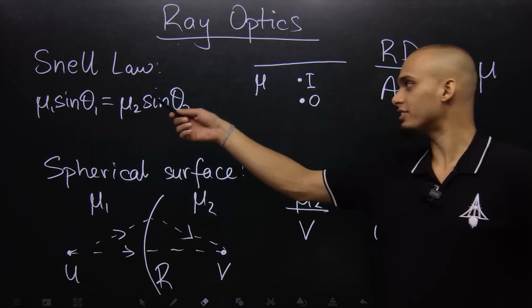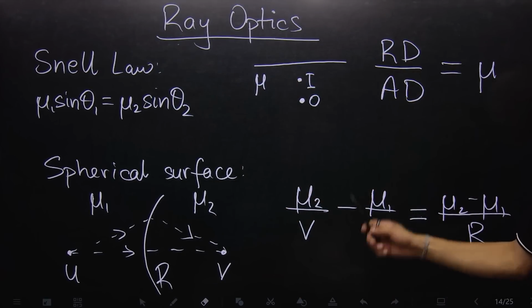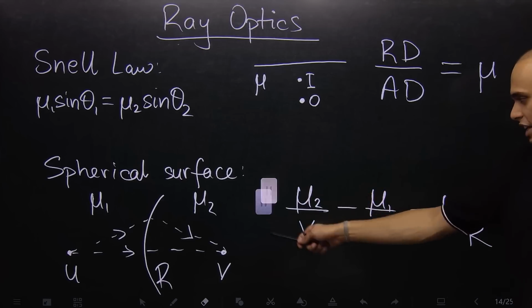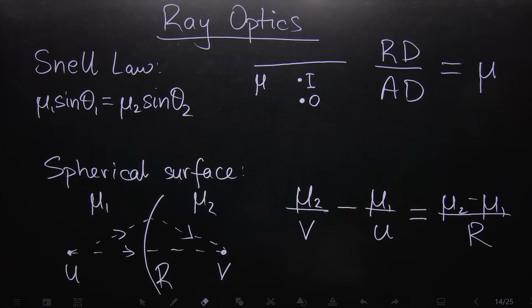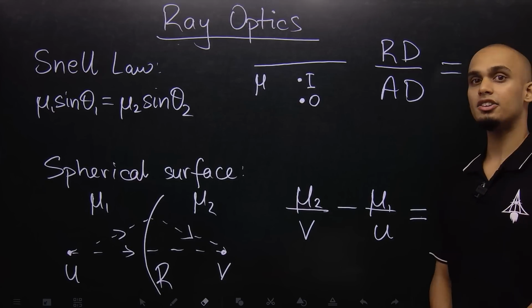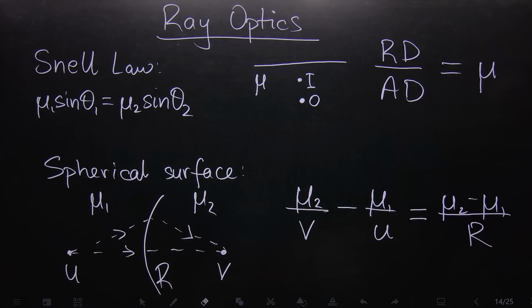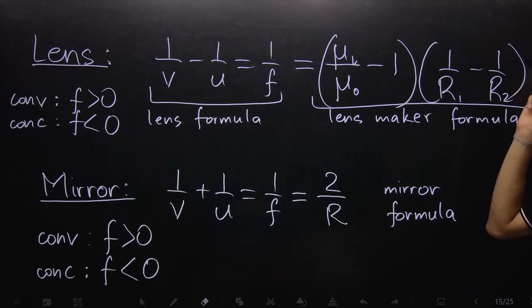So if you remember Snell's law, if you remember the refraction from a plane surface, if you remember the law of refraction from a spherical surface into a medium, then you can apply any of these to calculate the law of refraction for lenses, for example, or law of reflection for mirrors. But again, if you can remember the results for lens formula and mirror formula and also lens maker formula, then you will not have difficulty in 90% of problems at all.